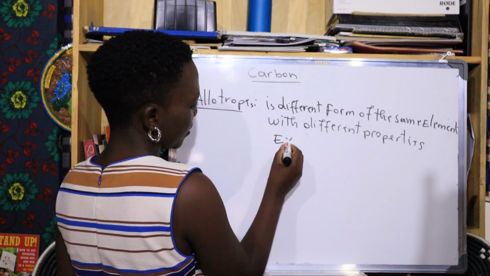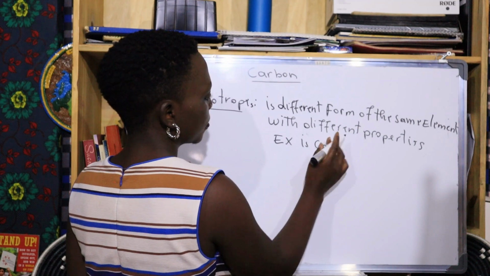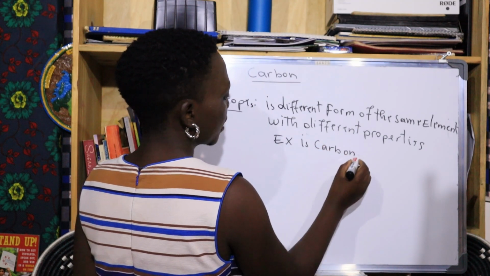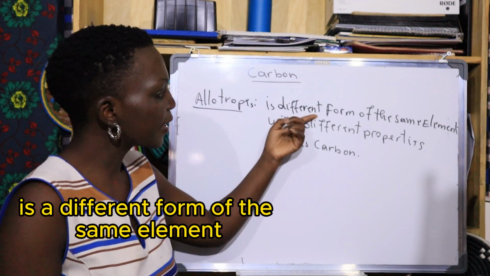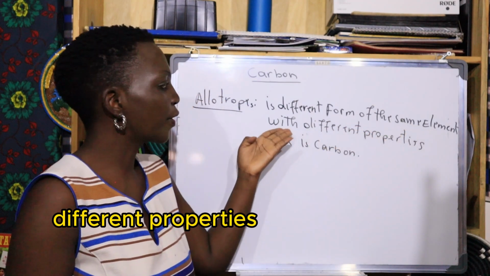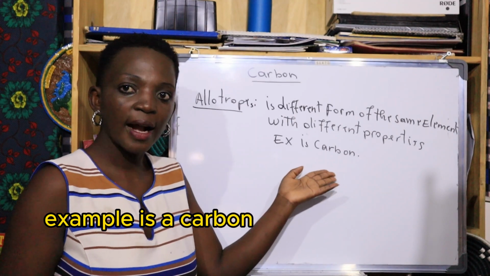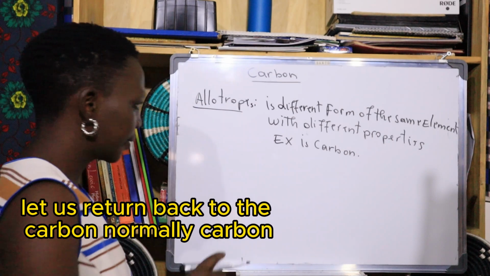Example is carbon. This is what we call allotropes: a different form of the same element with different properties. Example is carbon.